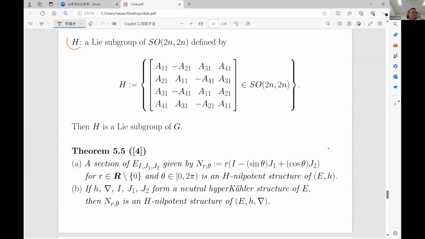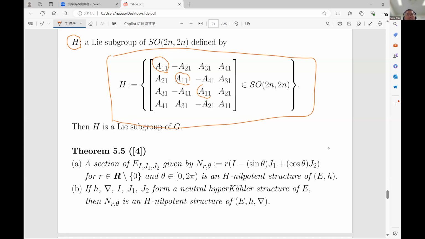Let large H be a Lie subgroup of SO(2n,2n) defined like this. Then H is a Lie subgroup of G.